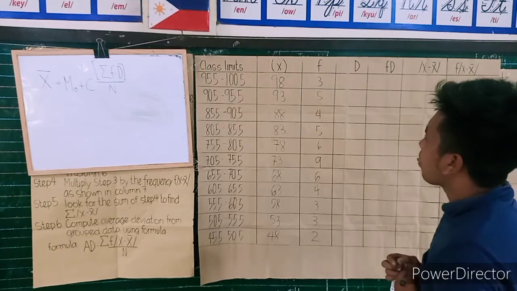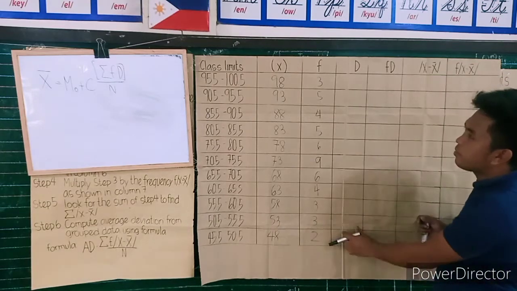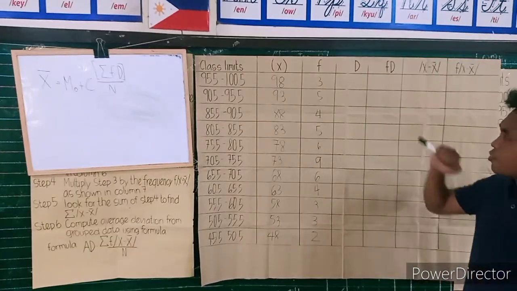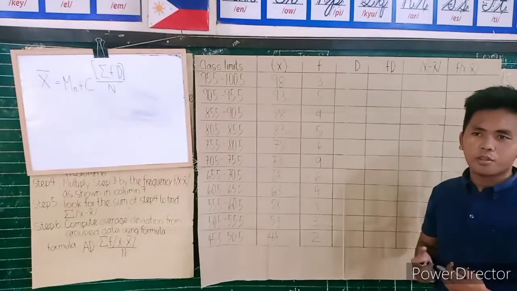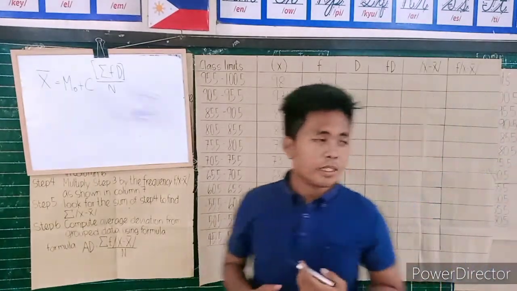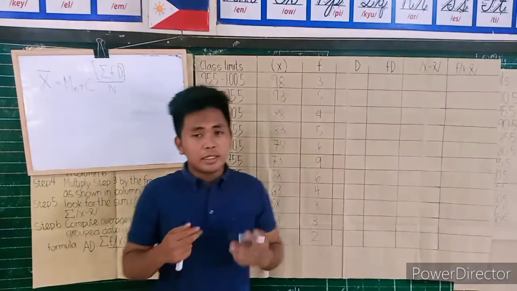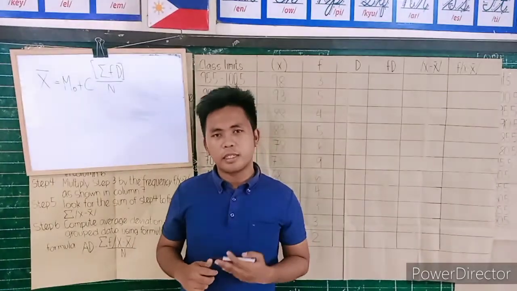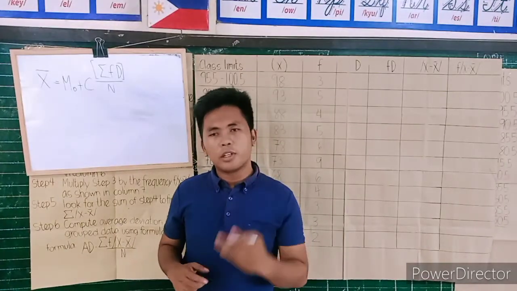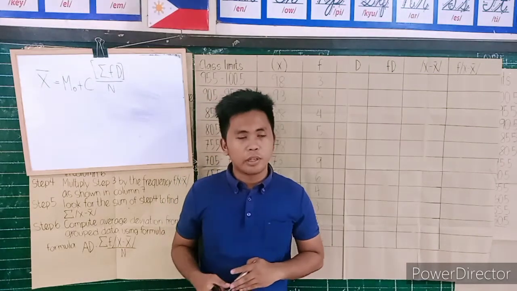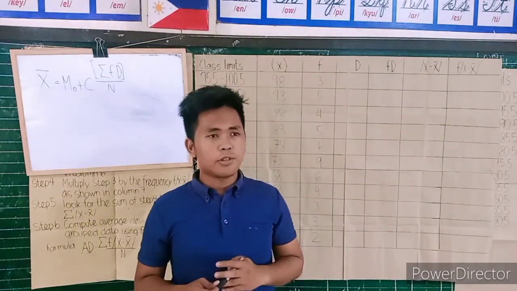Third is the deviation. How do we get the deviation? There is no formula for getting the deviation, but there is a rule on how to place it.